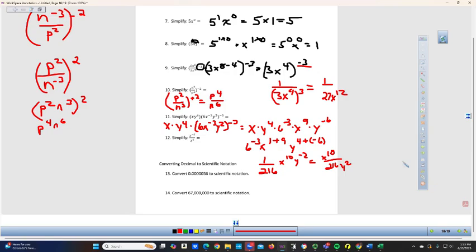All right, question 13 and 14 is converting to scientific notation. And so remember what scientific notation looks like. That's just basically saying k times 10 raised to the n, where k is less than 10, but bigger than or equal to 1, and n equals an integer, meaning it can be positive or negative, right?